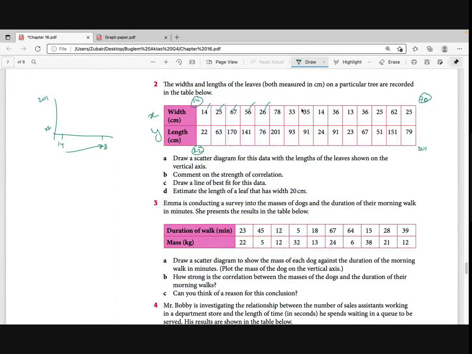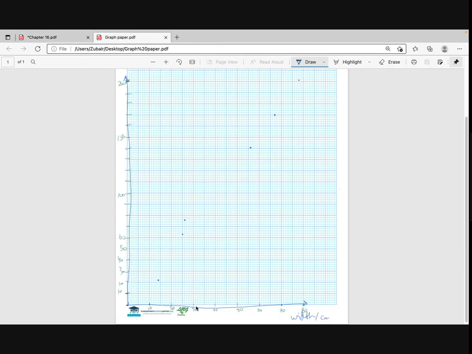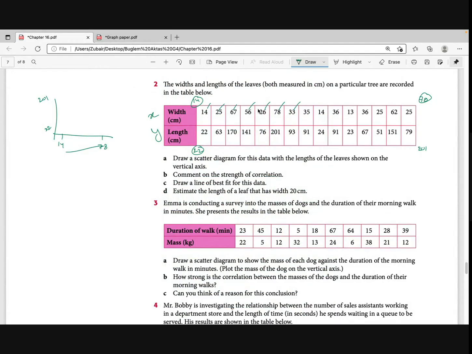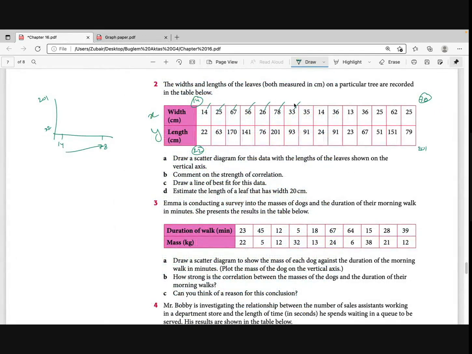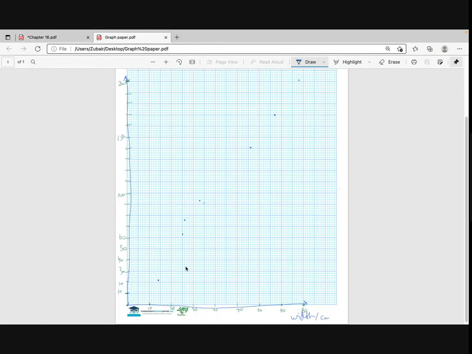Are these dots visible? 33, 93. Yes, the dots are visible. And when I reach this 100, this is 90, 1, 2, 3. 33, 93. Then 35, 91. Then 14, 24.